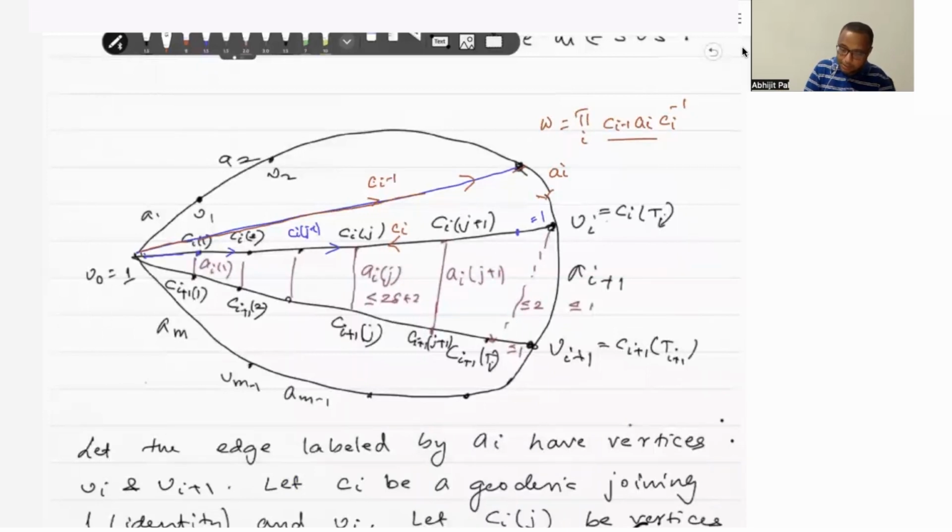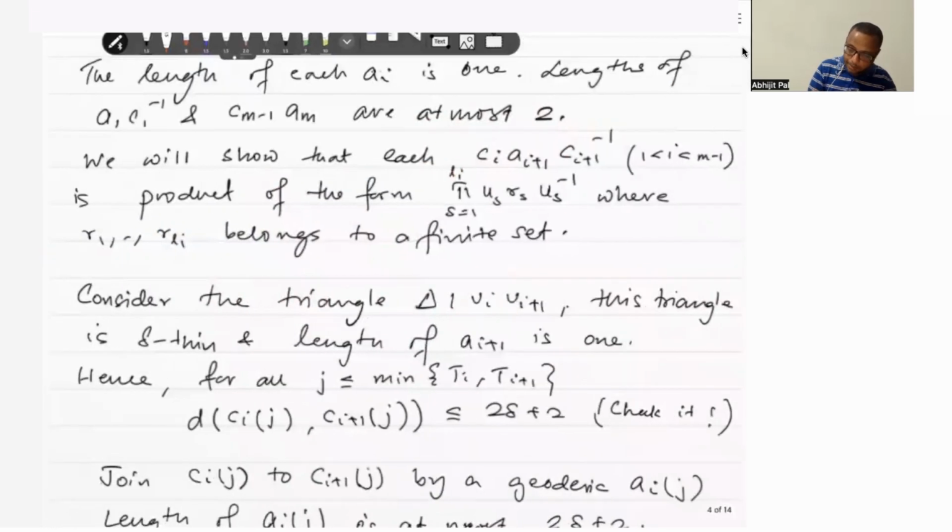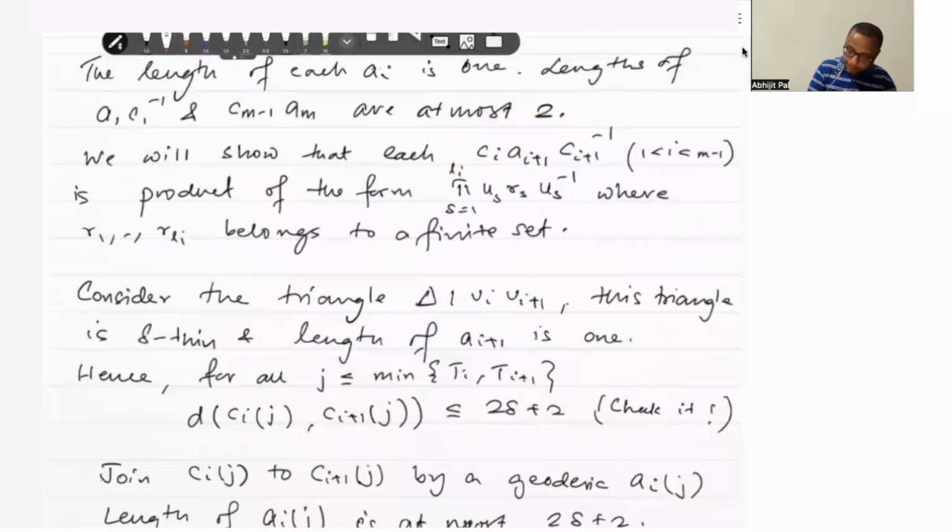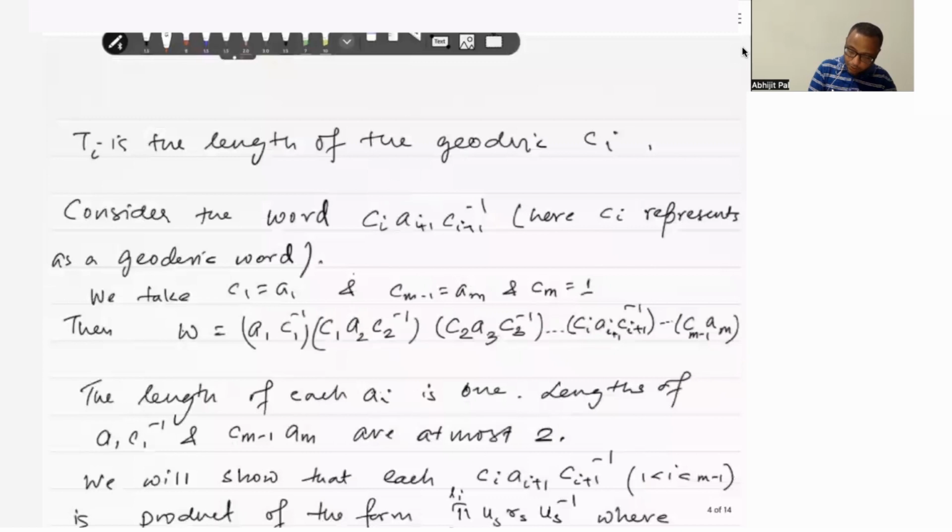There will be some minor change at the initial beginning point and the end point, which I have written here. At the starting point, the loop will be A1 C1 inverse, and at the end it will be Cm minus 1 Am.